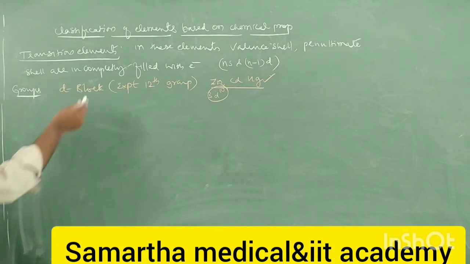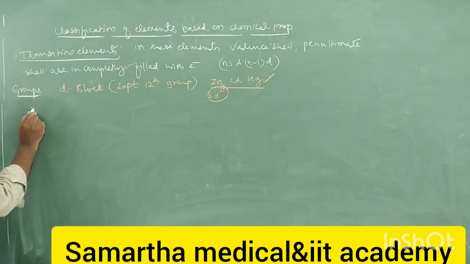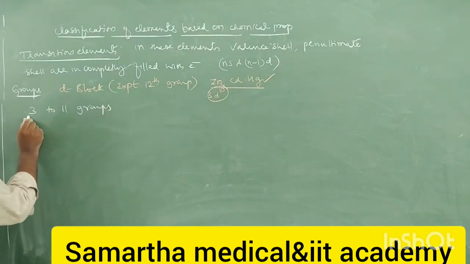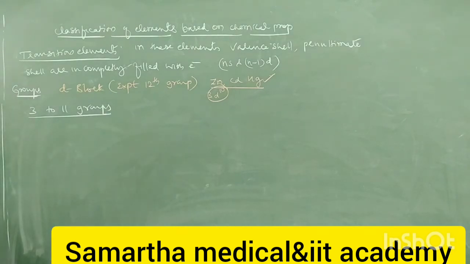Now tell me, which groups are transition? The 3rd to 11th group elements are transition. Then what about D block?